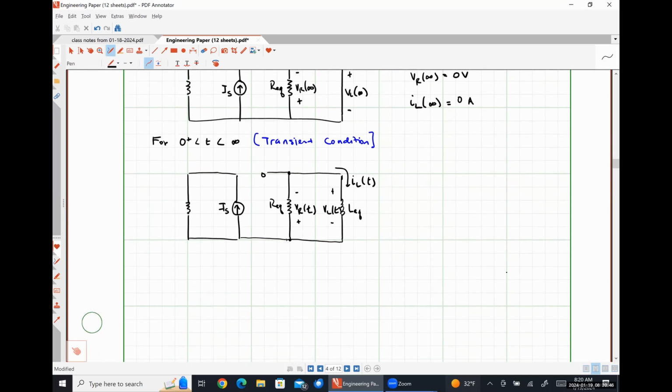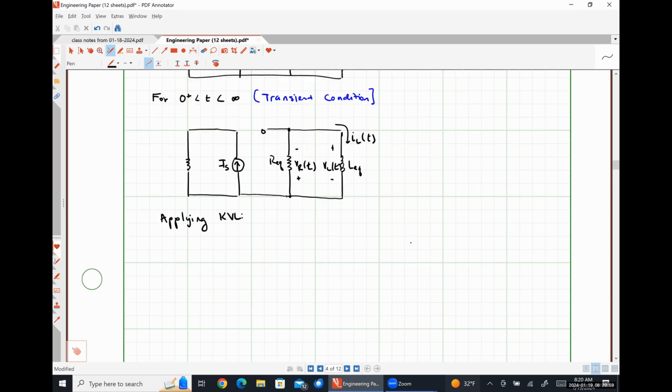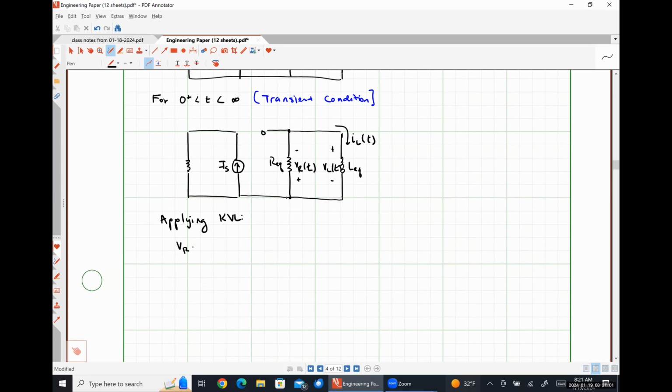So if I apply Kirchhoff's voltage law around that right-hand loop, what I get is that the voltage drop across the resistor plus the voltage drop across the inductor have to add together to be 0. KVL says the sum of the voltage drops around any closed path must sum to 0.